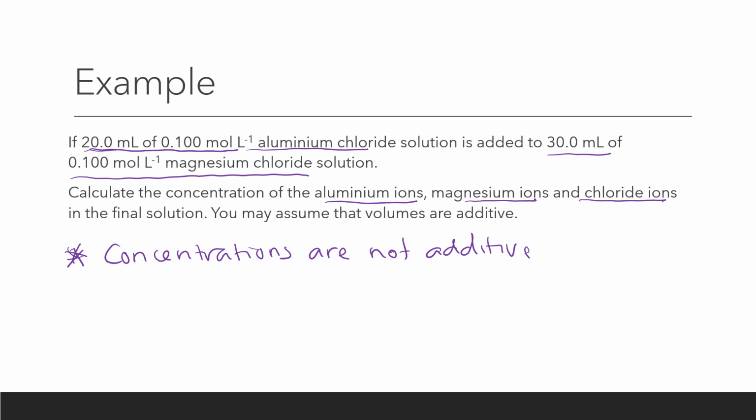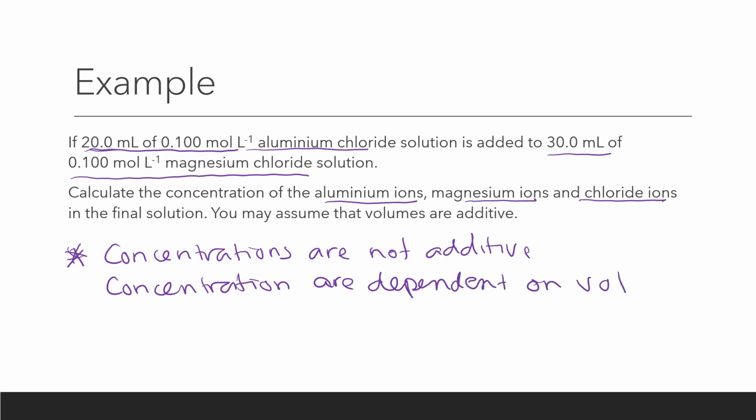It's just not possible because concentrations are dependent on the actual volume. So if you want to work out the concentration of the chloride ions, which is in both solutions, you need to find the moles.